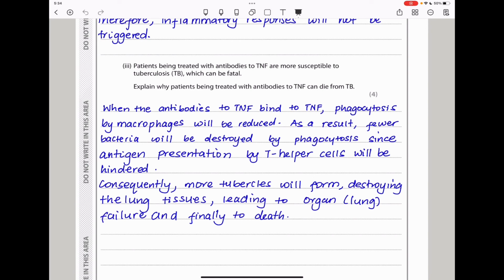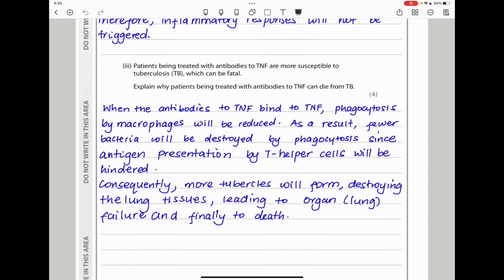They're going to say patients being treated with antibodies to TNF are more susceptible to tuberculosis, which can be fatal. Explain why patients being treated with antibodies to TNF can die from TB. Now let's see here, because you are using antibodies to TNF and these bind to the TNF, phagocytosis by macrophages will be reduced.